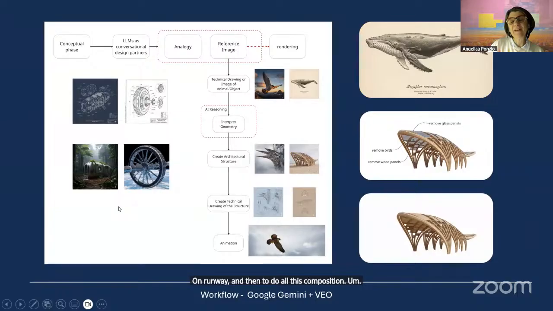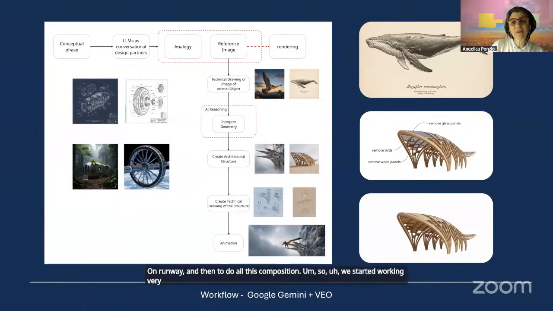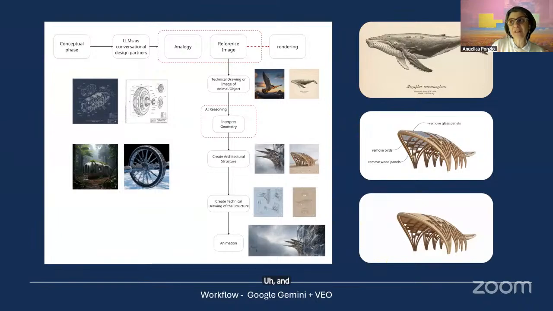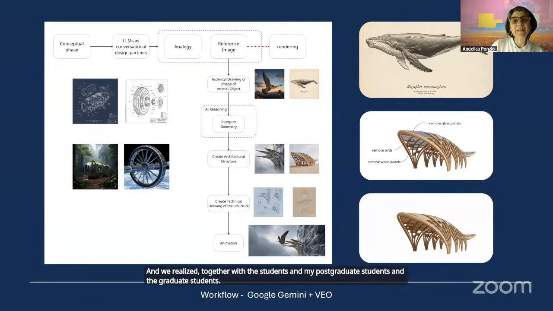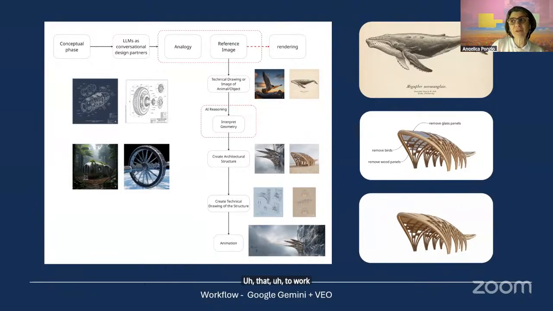So we started working very recently with Gemini. And we realized together with the students, my postgraduate students and the graduate students, that to work with Gemini and to get a good development with it, you can also edit images and things.